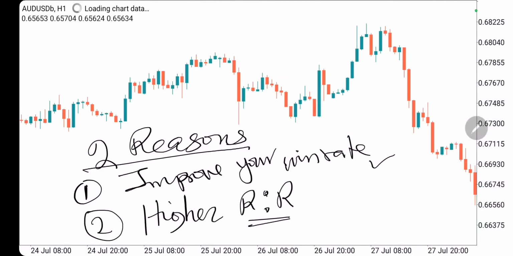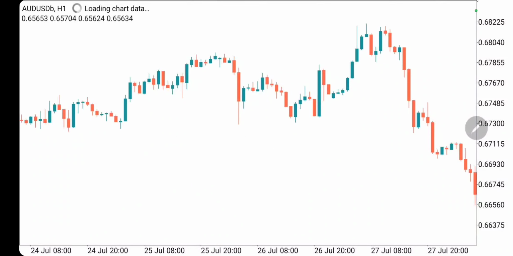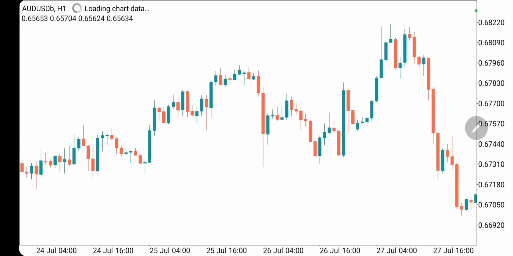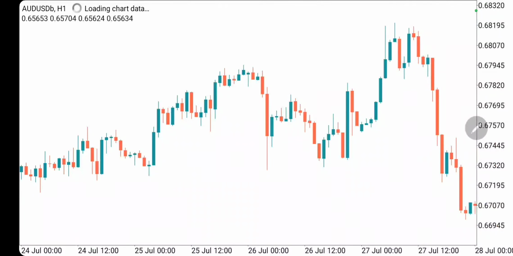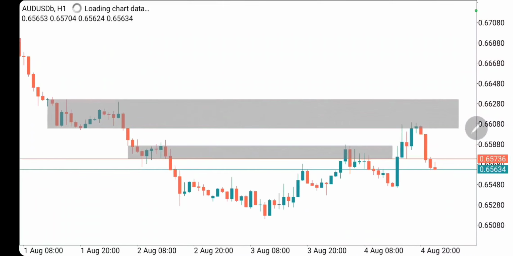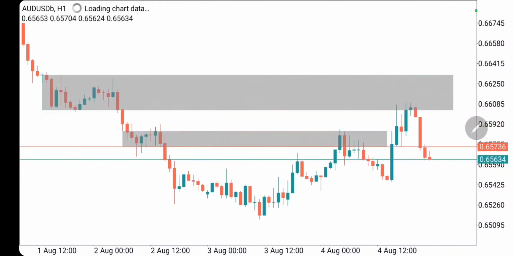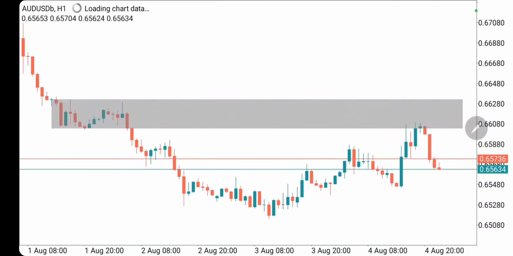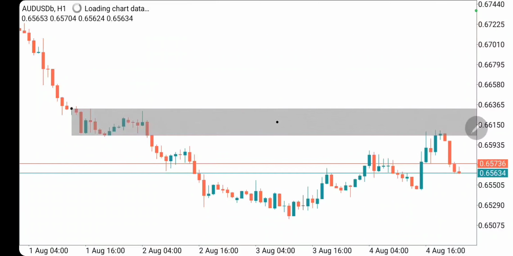I actually showed you in that chart. For this zone I showed you, if we were to work with this zone alone, put our stop loss right here and our entry right here, this could be nothing less than 20 to 40 pips.